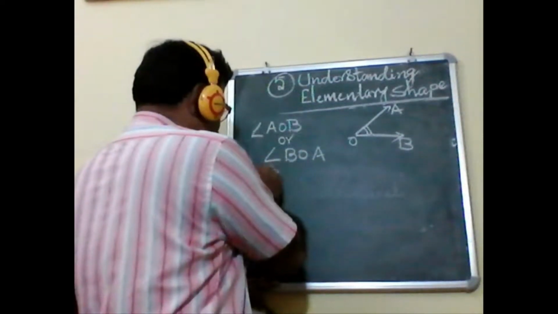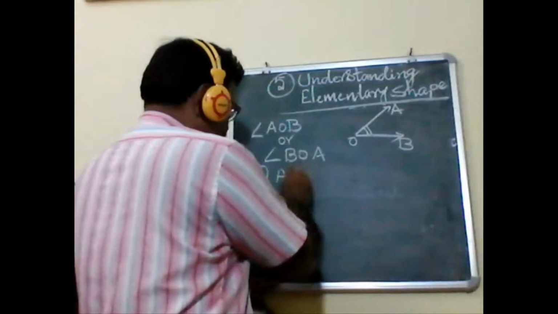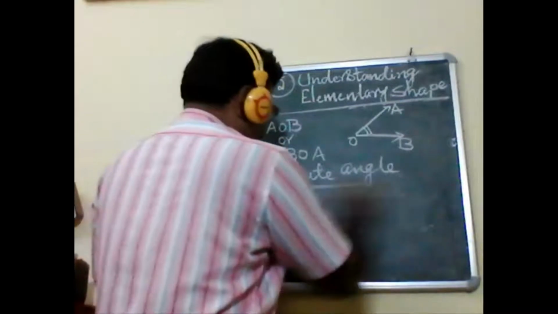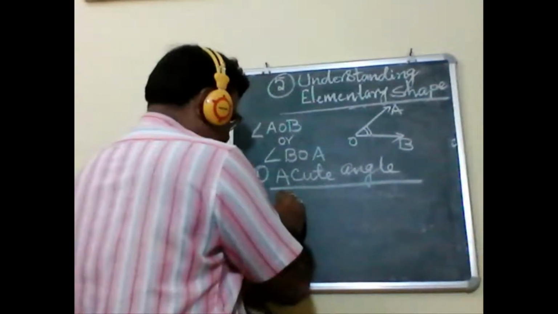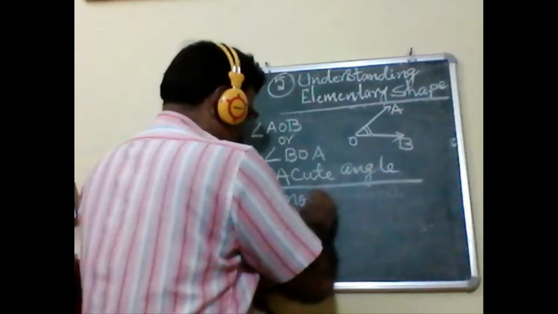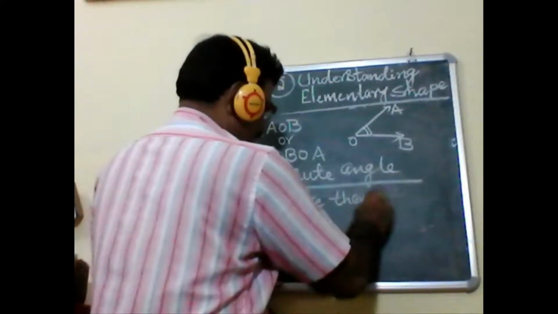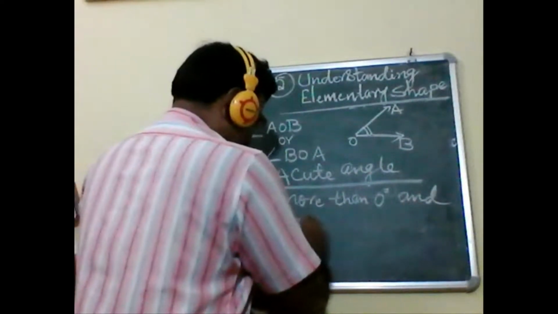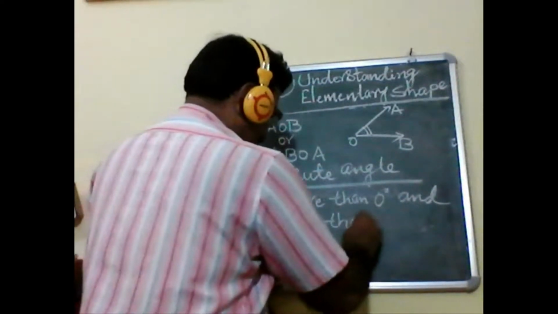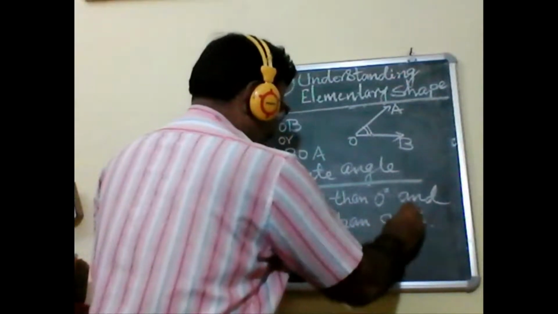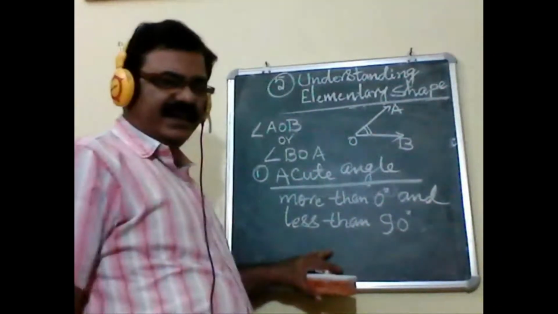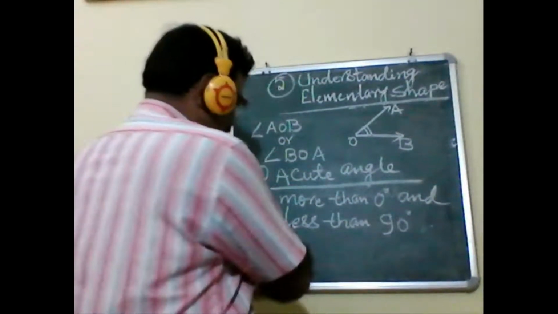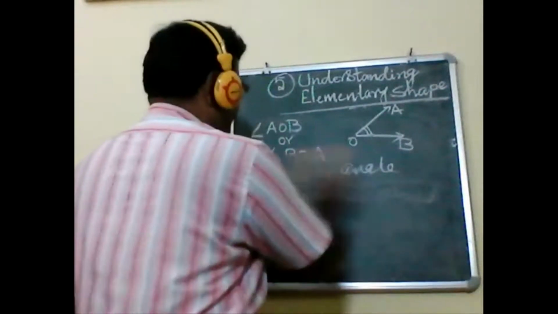First is the acute angle. Acute angles are those angles whose measurement is more than 0 degrees and less than 90 degrees.